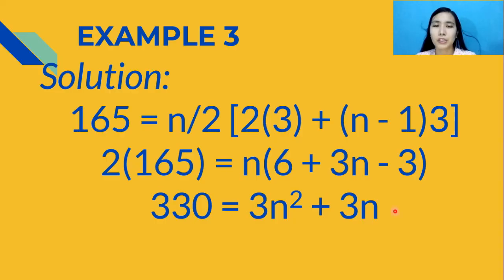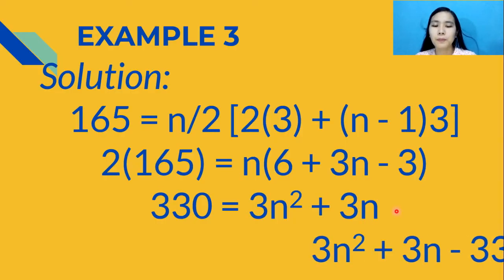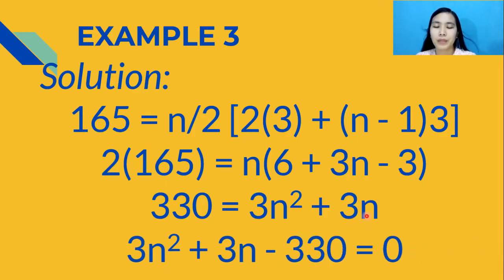As you have noticed, we can form here a quadratic equation. That will be 3n squared plus 3n minus 330, because we need to apply the addition property of equality, or APE. We'll need to add negative 330 on both sides. So this one will be cancelled and then we will add negative 330 on this side.